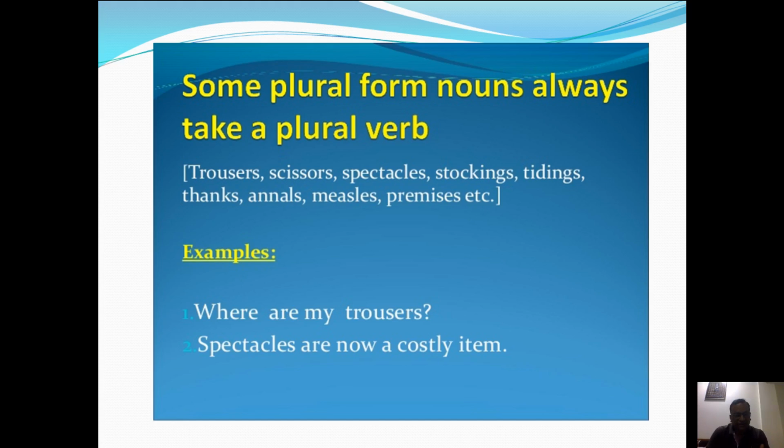Every particular word I have taken out so that you understand, along with examples. Where are my trousers? Getting this, because some plurals always take plural verbs. Where are my trousers? Spectacles are now a costly item.